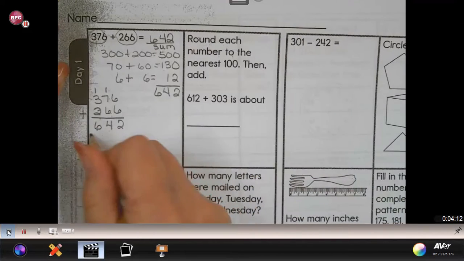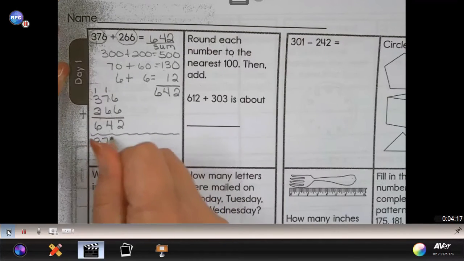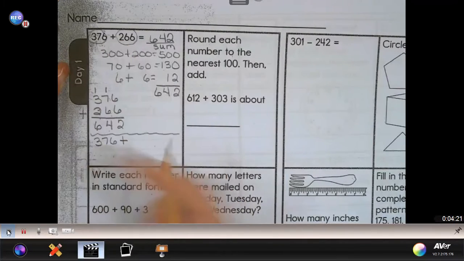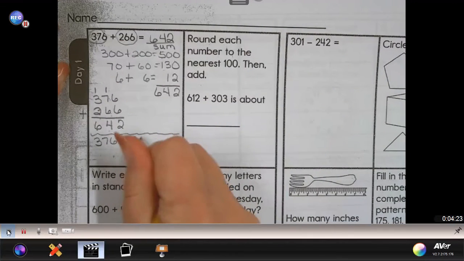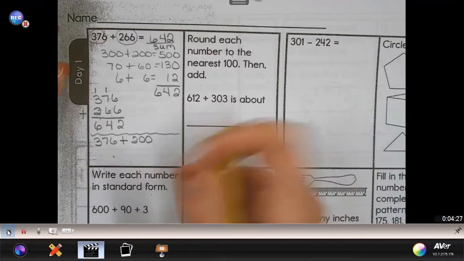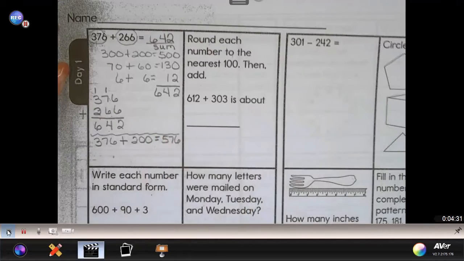Another way to look at this is I could take the 376 and add on each place value, one place value at a time. So if I do that, I add 200 to the 300, which would give me 576, since I'm not adding anything onto my ones or my tens.